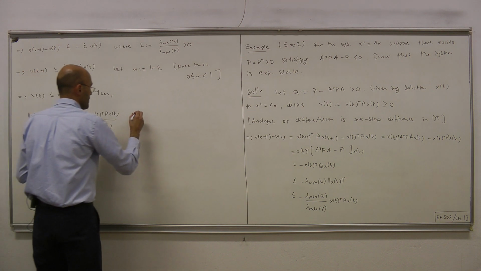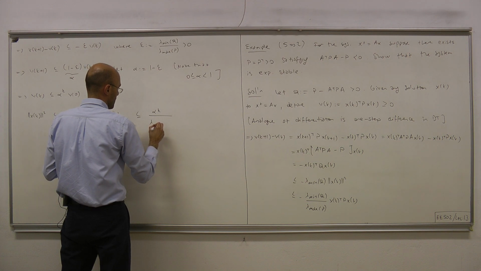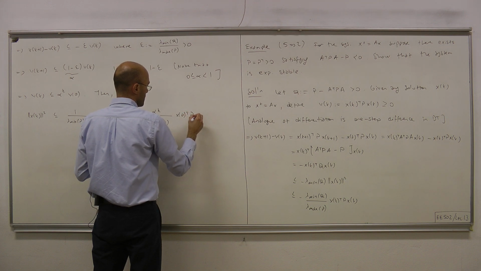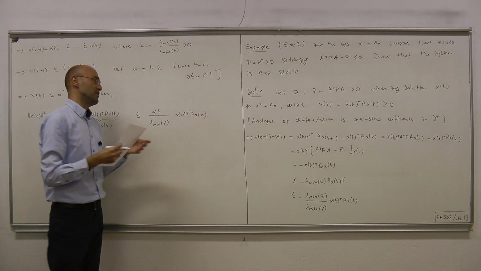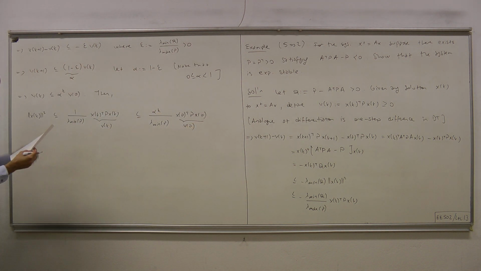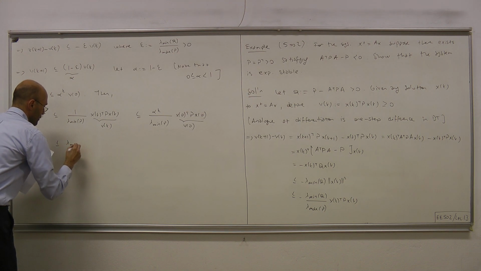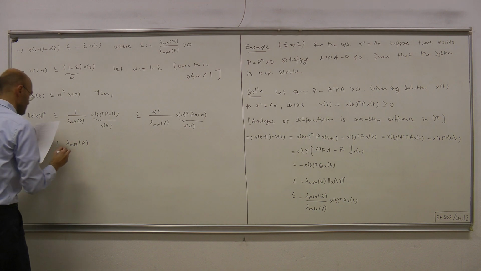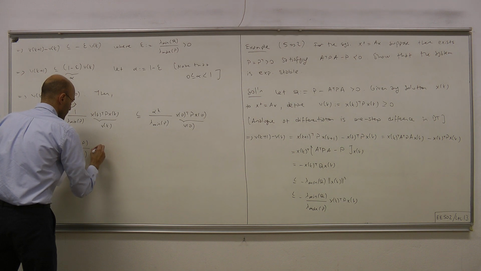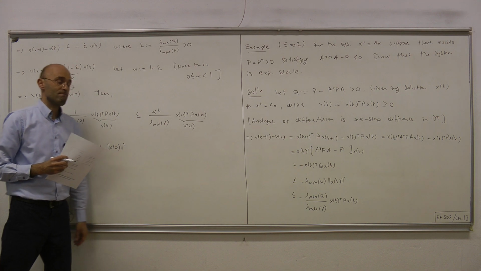Therefore, this is less than or equal to alpha to the k over lambda min P times V0, and that's less than or equal to, again, one of those norm tricks, lambda max P over lambda min P, alpha to the k, norm of x0 squared.